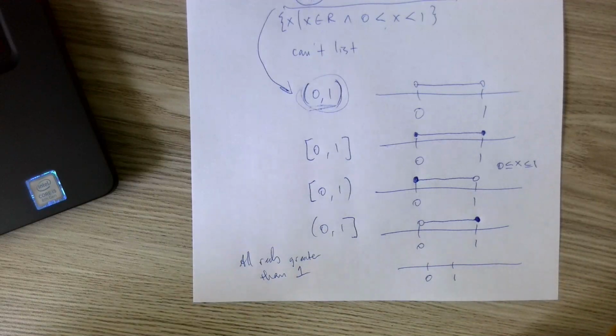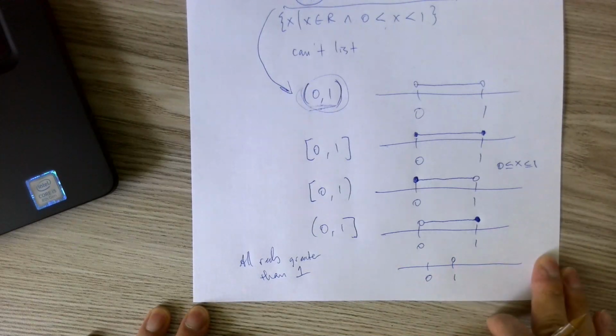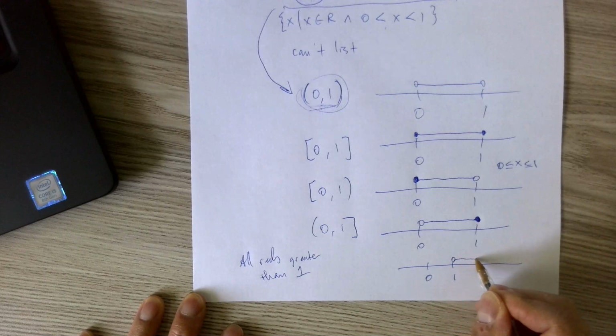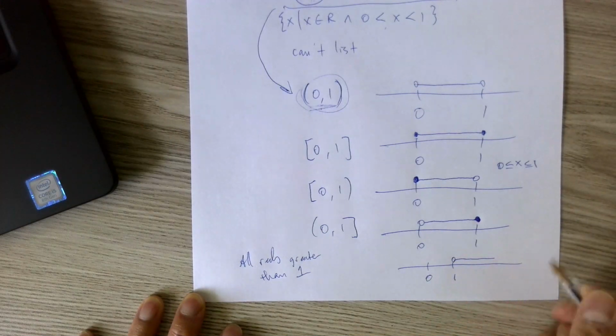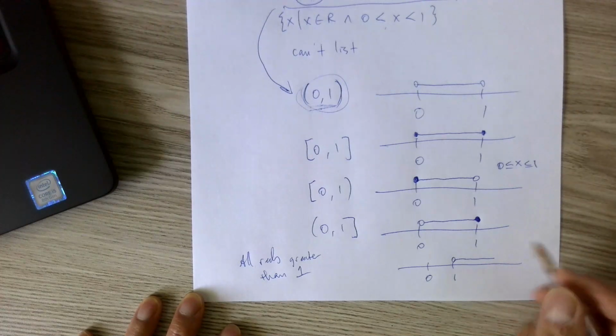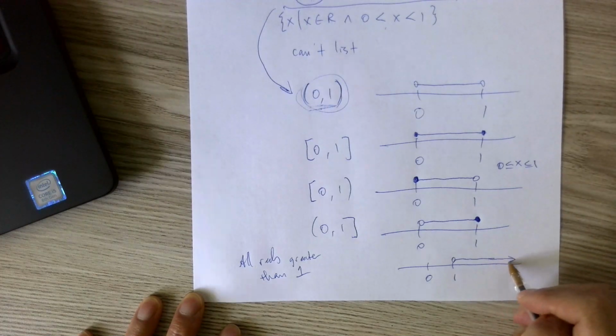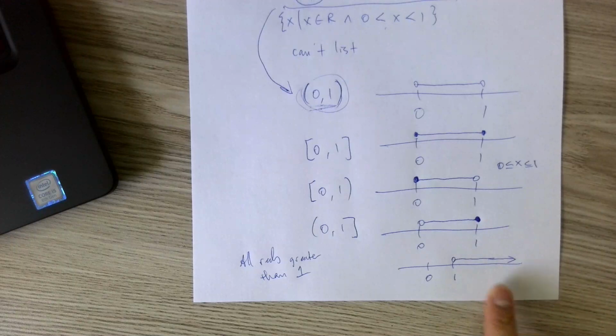I'm not including 1. So open circle on 1. But I am including every real number greater than 1. That's over here. And there is no bookend on the right because I said all reals greater than 1. So when there's no end in sight, I just put an arrow. That's the graph of all reals greater than 1.